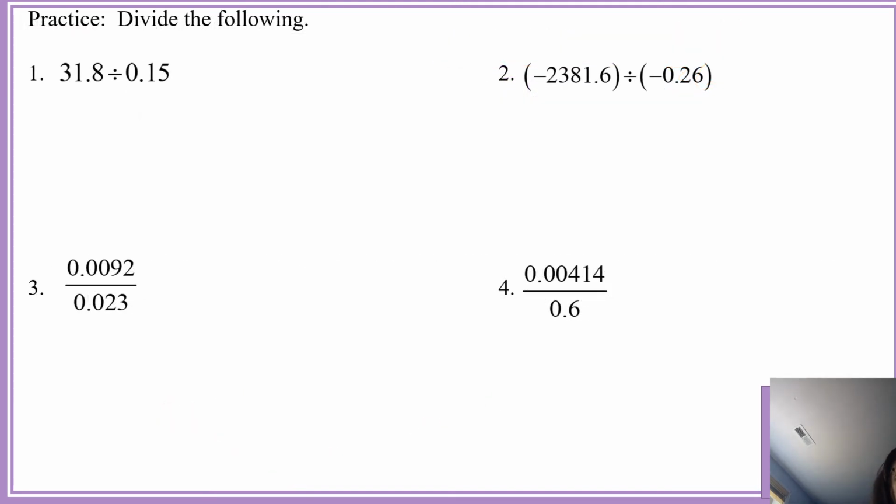All right, so here we're going to practice this. I'm going to move this 2 places to get it to be 15. So I need to move that one 2 places. So I have 3180 divided by 15. 15 goes into 31 twice. This is my decimal place.